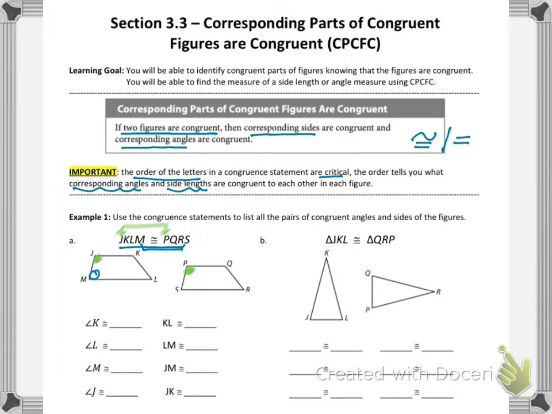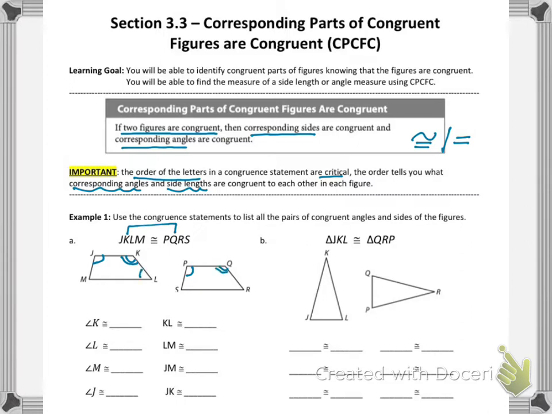And then at the same time, we could say that segments, so for instance, if I take two letters at a time in order, so KL, for instance, would be congruent to QR. So if I was marking these things, remember how we use the markings that we do? If I was saying that angle J was congruent to angle P, I'd mark it like that. If I was saying that angle K, put double marks, was congruent to angle Q over here, right?